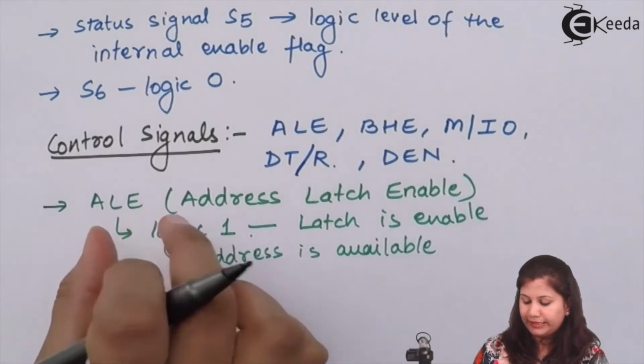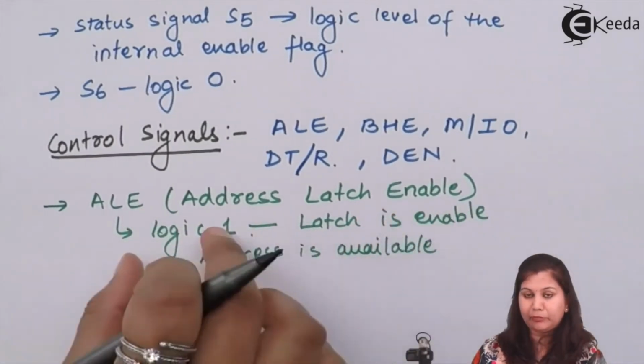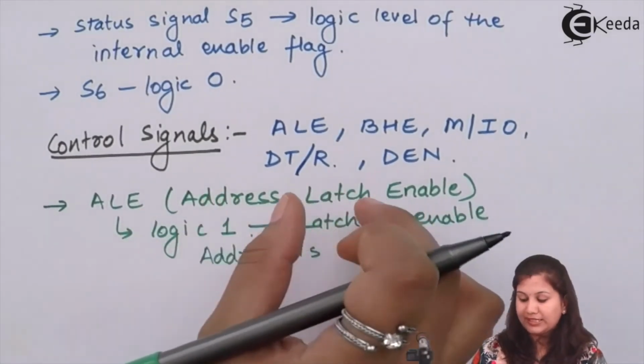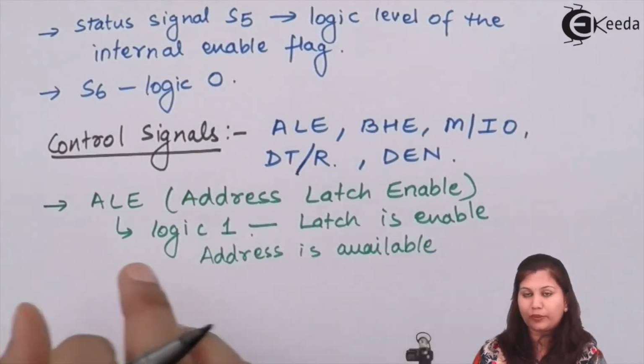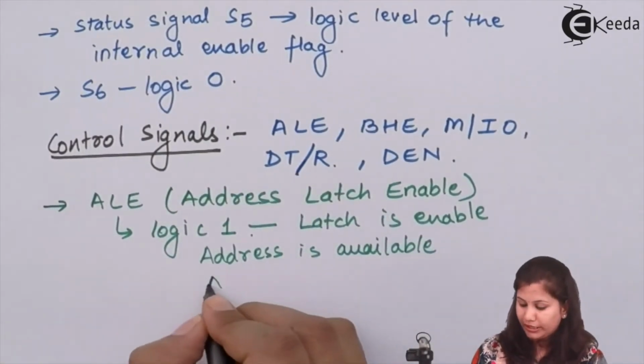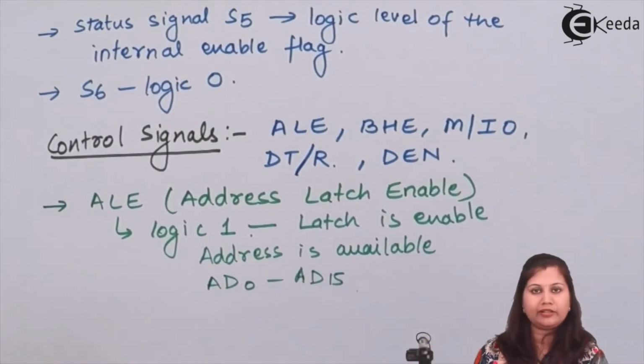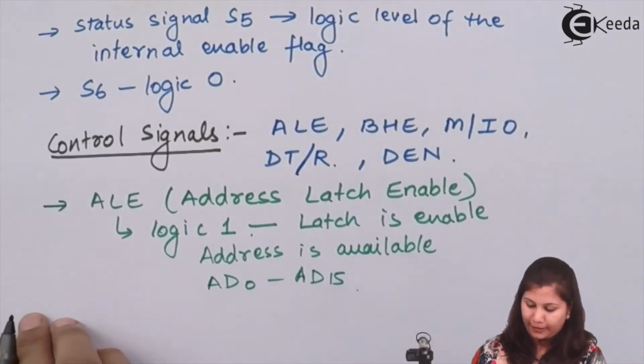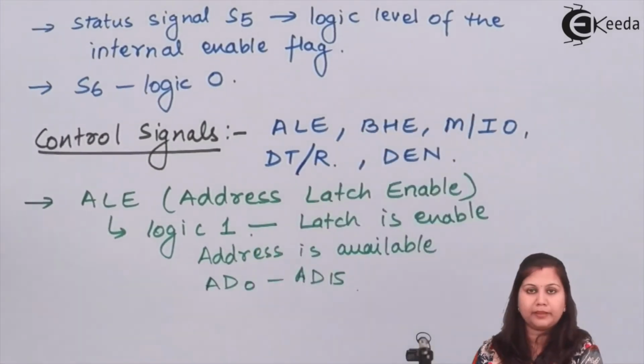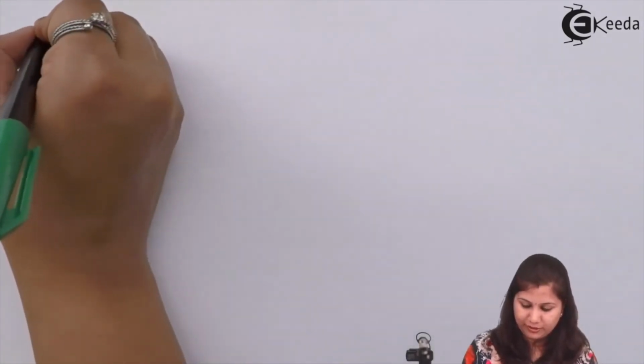So this ALE signal is basically enabling the address latch. So when this latch is enabled, then address is going to be available on the AD0 to AD15 address data bus. Okay.